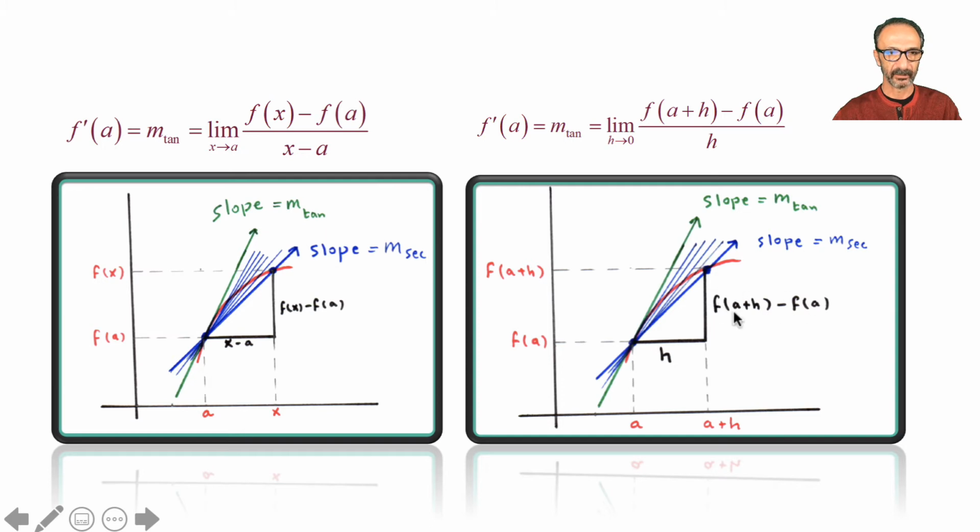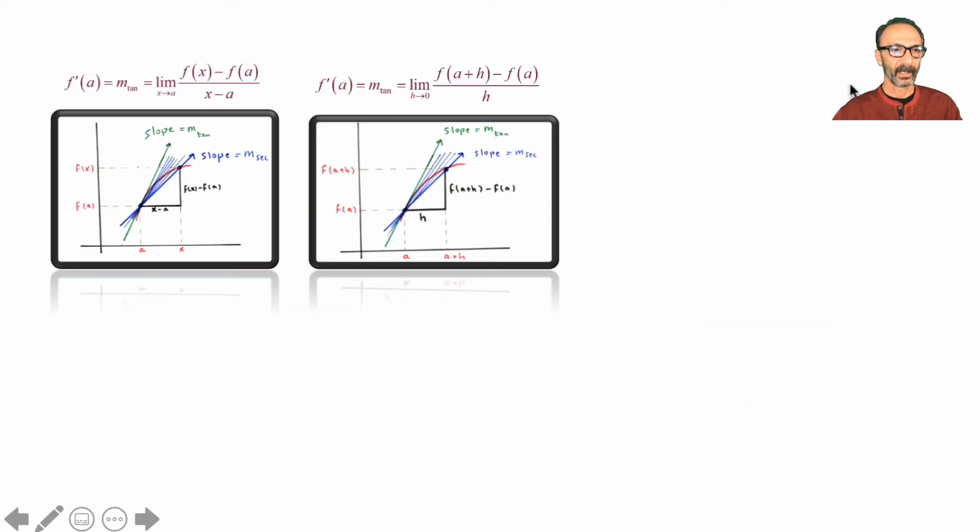This is delta y, and this is delta x right here. So for this formula, this is delta y over delta x, and that's right here, f of a plus h minus f of a over h, as h approaches 0, which is this much approaches 0. All right, that's the derivative.